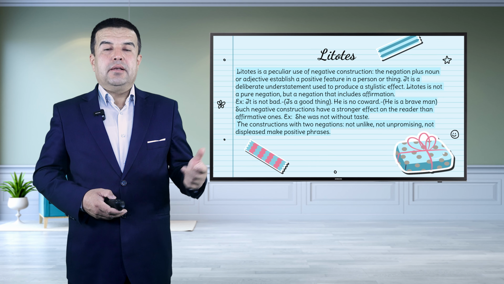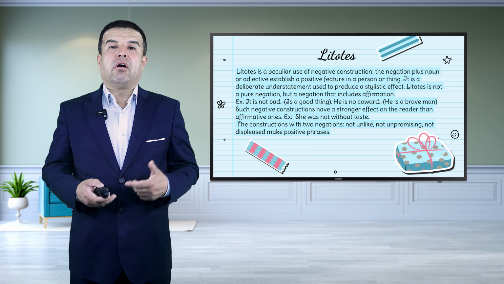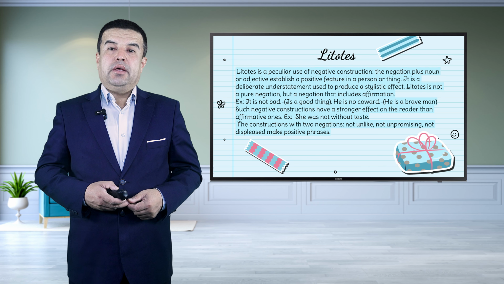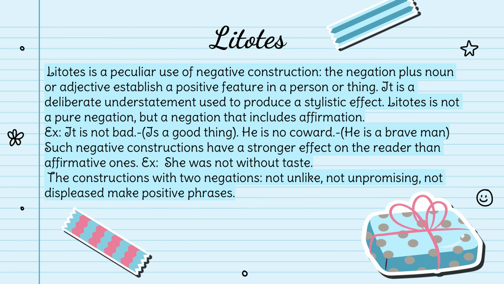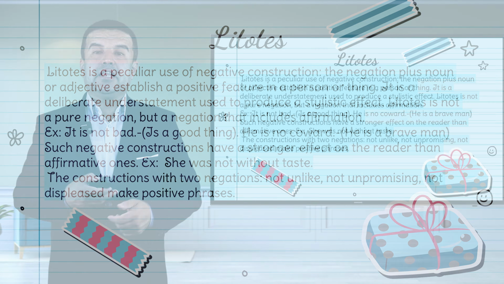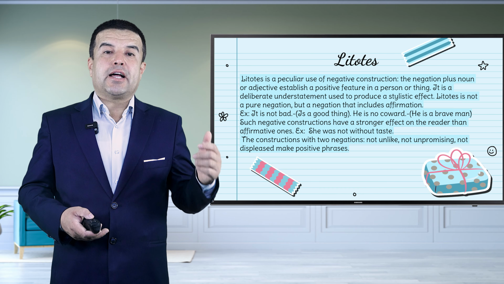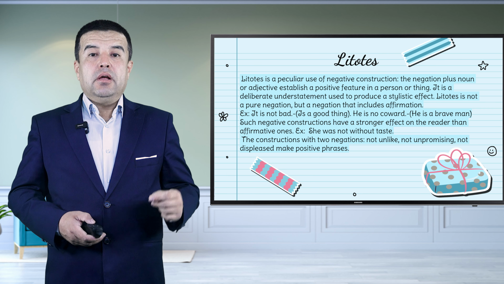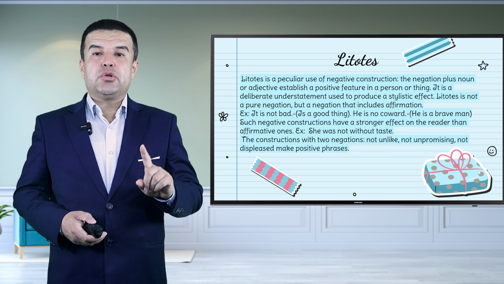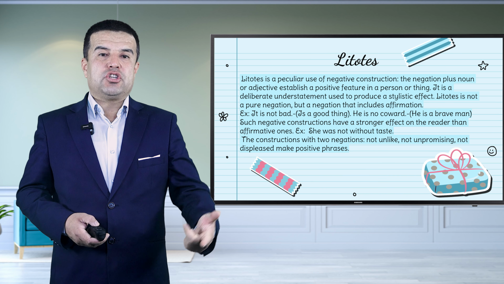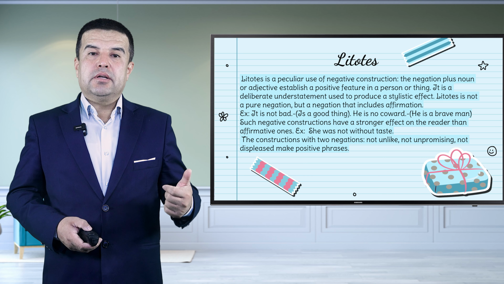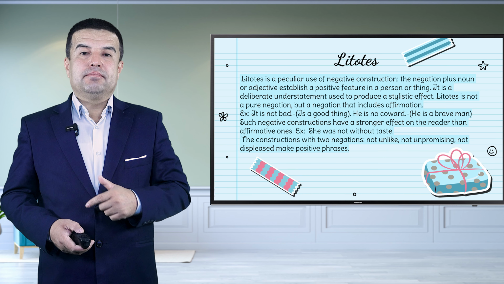Litotes. Litotes is a peculiar use of negative construction. The negation plus a noun or adjective establishes a positive feature in a person or thing. It is a deliberate understatement used to produce a stylistic effect. Litotes is not pure negation, but negation that includes affirmation. For example, it is not bad.